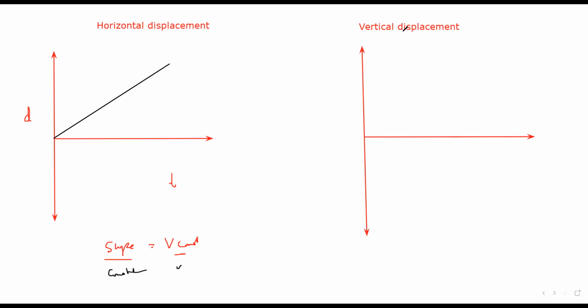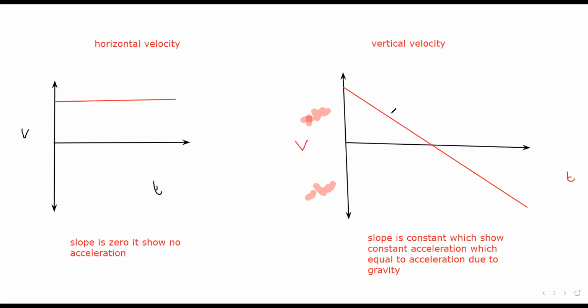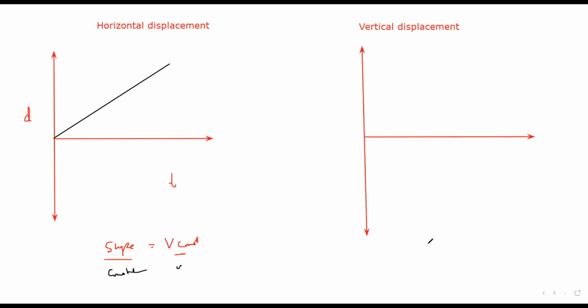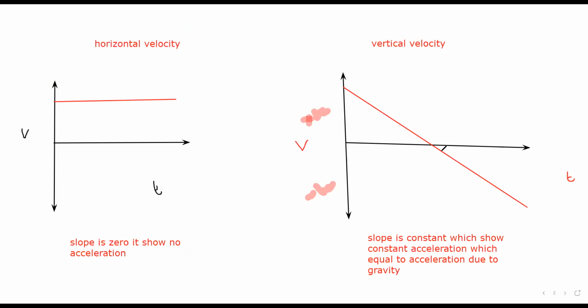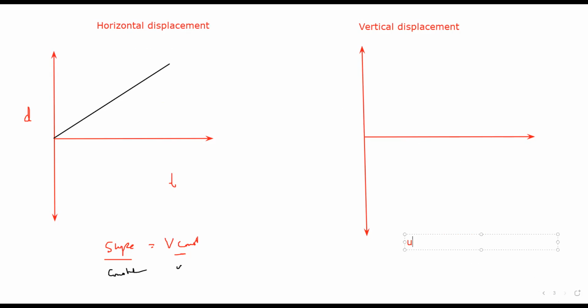But for vertical displacement, you can see first the velocity is decreasing and then velocity increases. So the slope should decrease and then increase because it's having two motions. It's going up and then coming down. When it is going up, the vertical velocity is decreasing, so the slope should decrease.